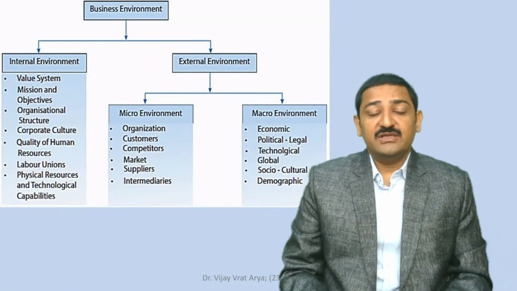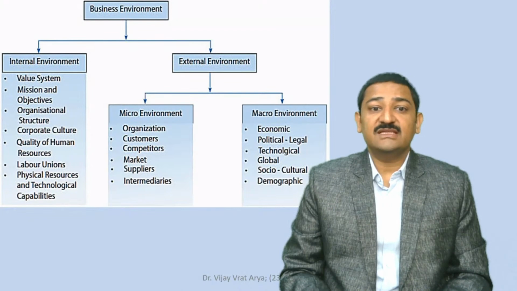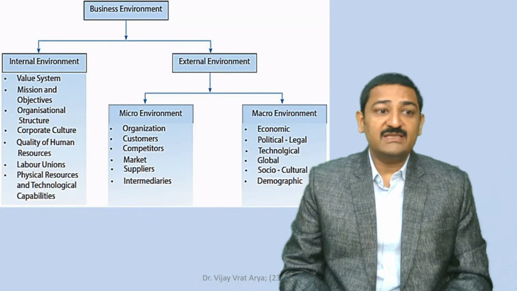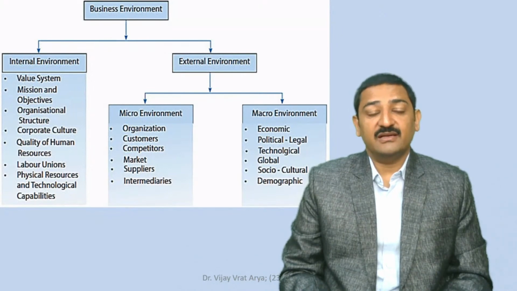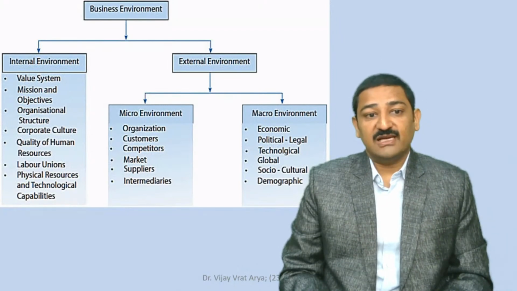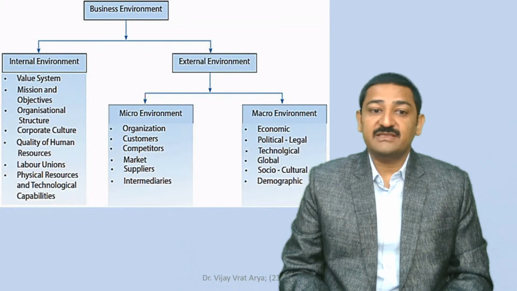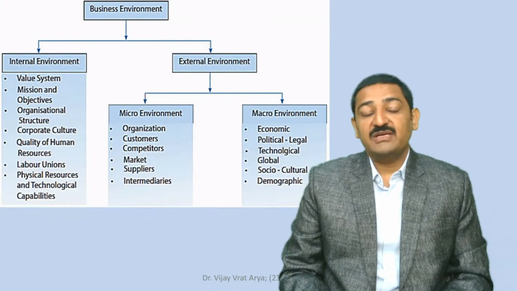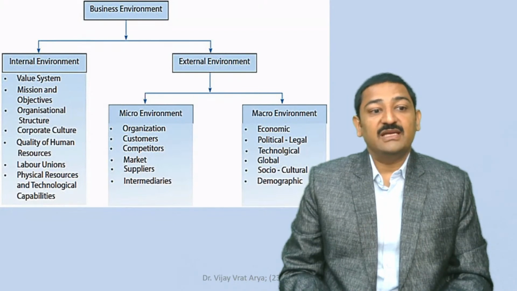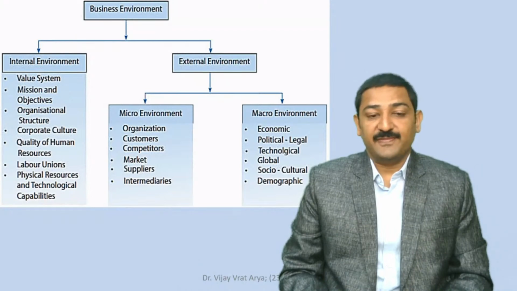If we refer to the business environment or the environmental analysis perspective, then broadly speaking, the business environment is classified into two broad categories: one is the internal environment and another is the external environment, where the external environment is further divided into two parts, microenvironment and macroenvironment. The internal environment is something which the organization can directly refer to.